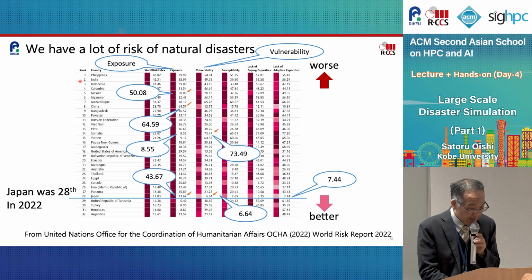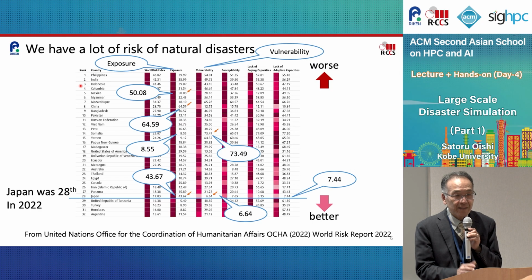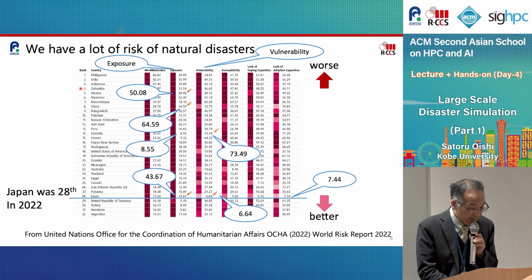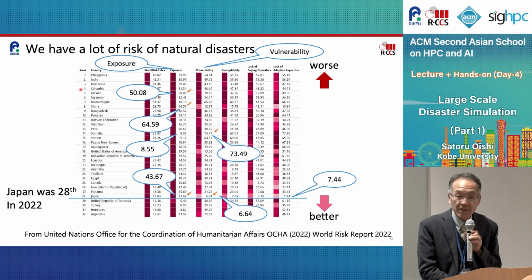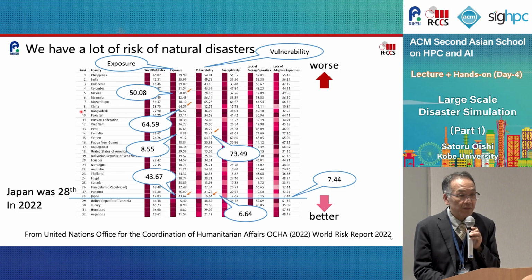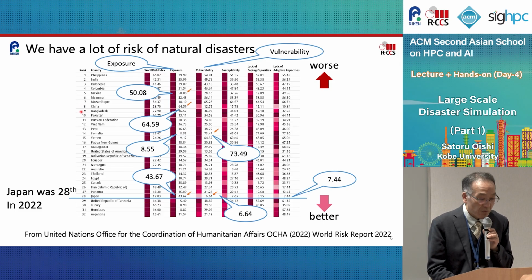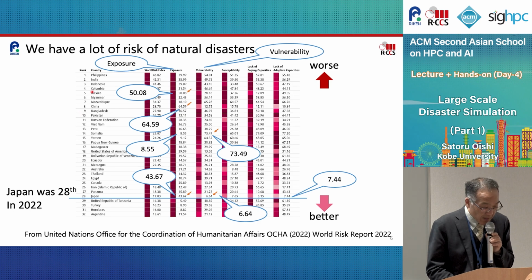Okay. And Indonesia, Colombia, Mexico, Myanmar, Mozambique, China. If you come from China, no. Okay. So these are the world risk indexes.